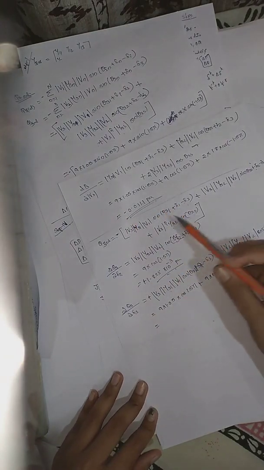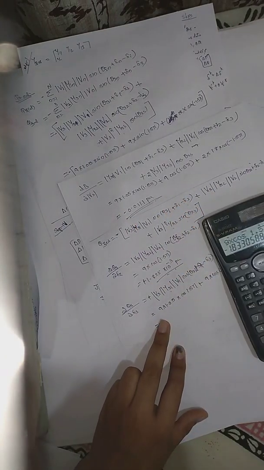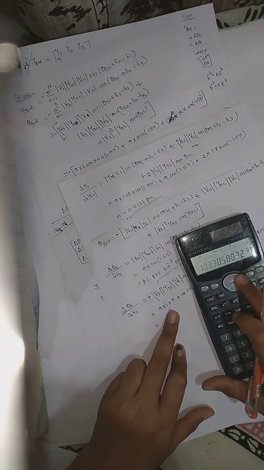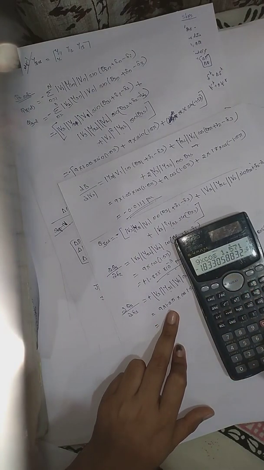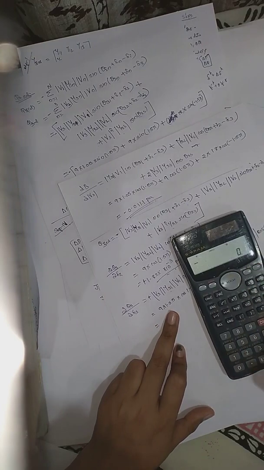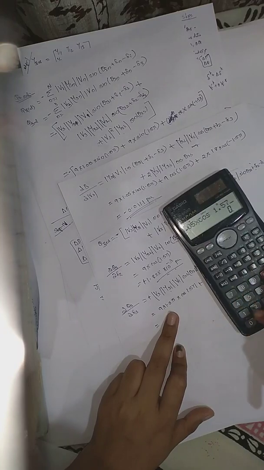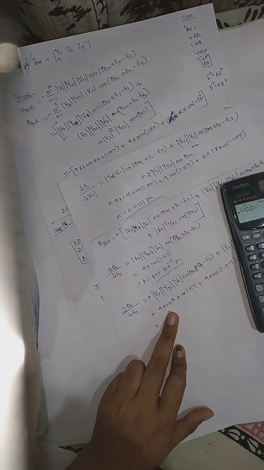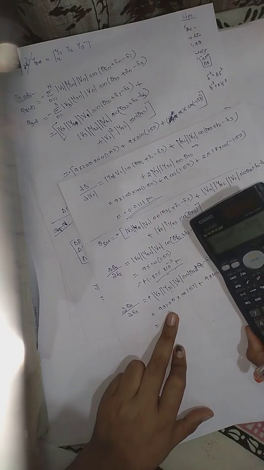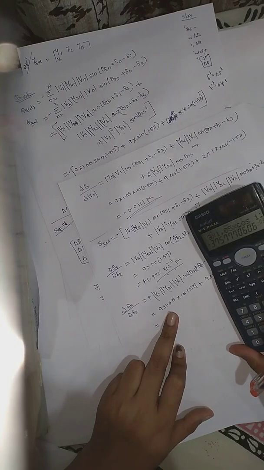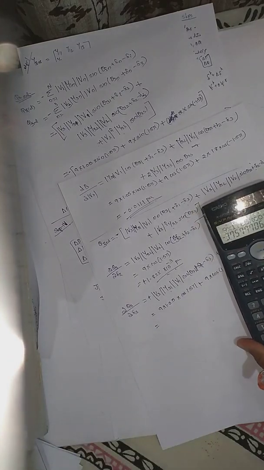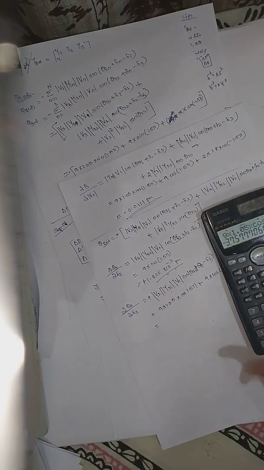So the value will be 9 into 1.05 into cos 1.571 plus 9 into cos 1.571. That value will be equal to minus 3.75, that is approximately minus 0.